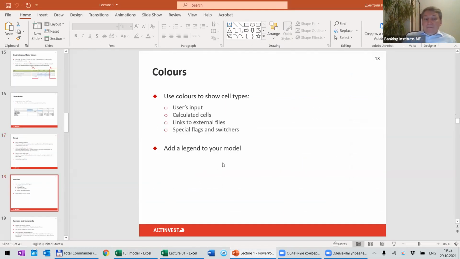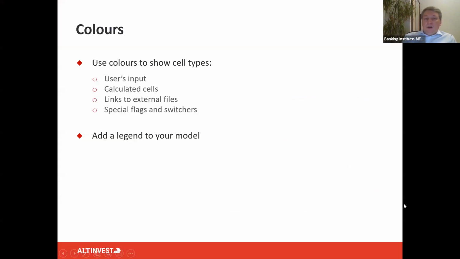Okay, now let's go to the cell level. For each cell in your column, it's better to use color coding to show what's in this cell. It's very important to show the user of your model whether it is an input cell where the number is hard-coded, where it's just typed in, or a calculated cell.